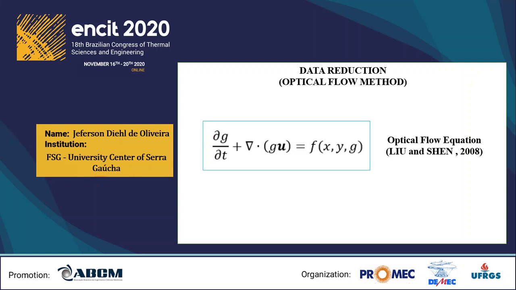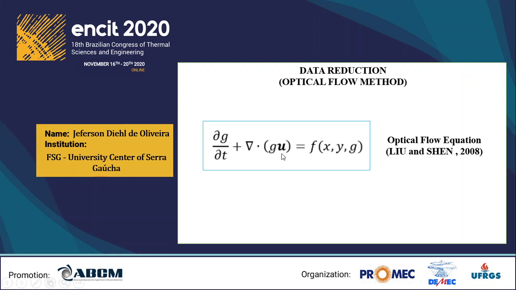On optical flow methods, the optical flow method is based in this case on the optical flow equation developed by Liu and Chen, considering the optical flow for different flow visualizations, which is given in terms of image coordinates, where G represents the normalized image intensity, which is proportional to the radiance received by the camera, and U corresponds to the optical flow.